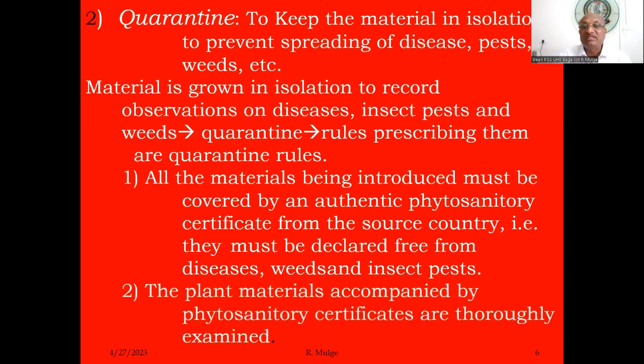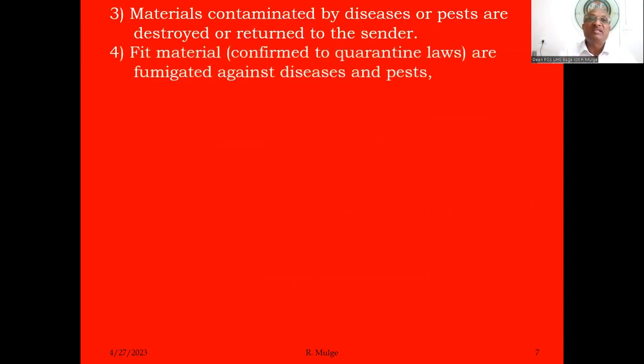Then the plant materials accompanied by phytosanitary certificates are thoroughly examined. If there is no certificate, then reject it and send it back. If it has the phytosanitary certificate, you have to examine it; quarantine people do that. Materials contaminated by diseases or pests are destroyed or returned to the center if found after examination.